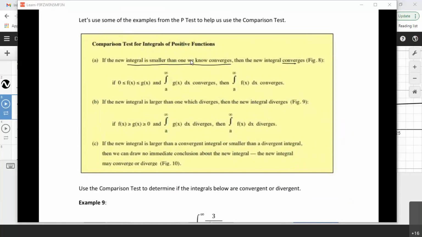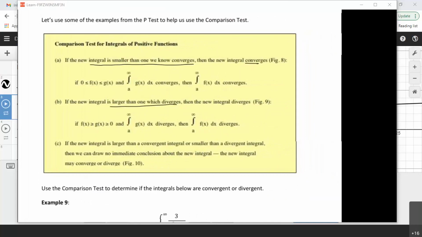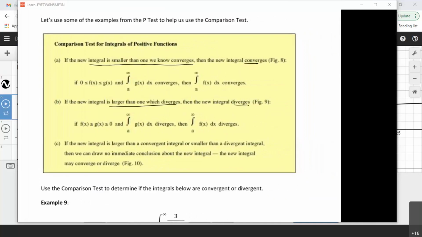If you've got something smaller than an integral you know comes to a value, well, then the smaller one should come to a value as well. If your new integral is larger than one that diverges, then the new integral diverges. You can think of your comparison integral as going off to infinity. If your integral is bigger than that, well, it's headed to infinity as well. Okay, see how that works?